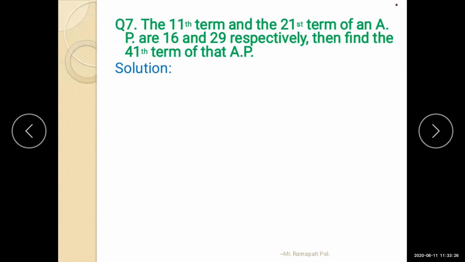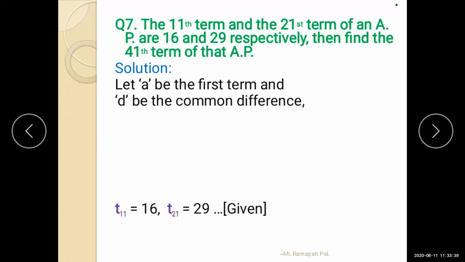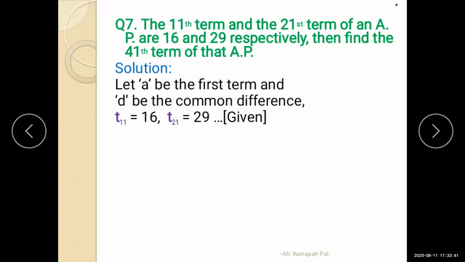Okay, we have to assume that A is the first term and D is the common difference. T11 is equal to 16, it is given. T21 is equal to 29, it is also given.